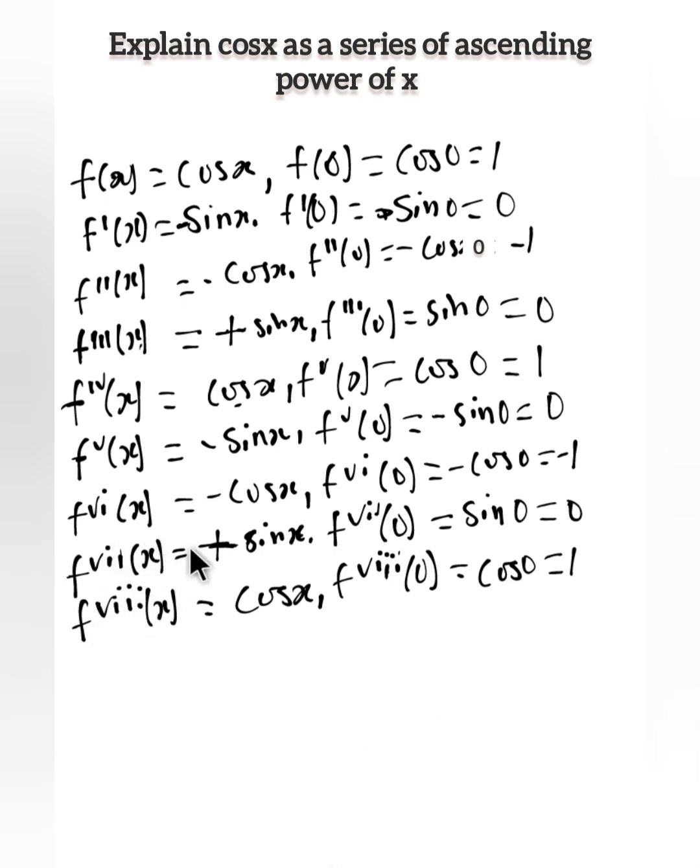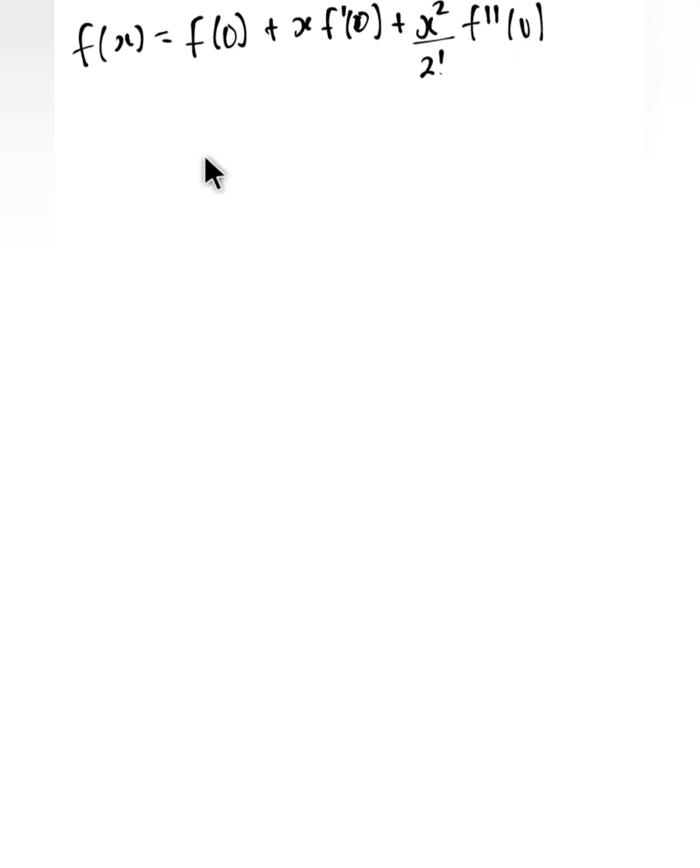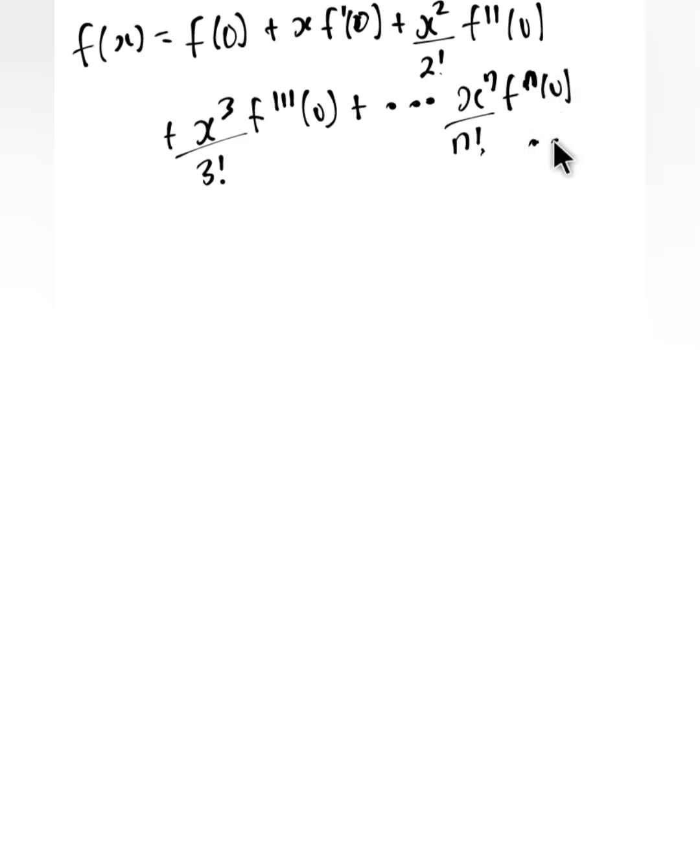So let's substitute this expression into the Maclaurin series. We have that in Maclaurin series, f of x is equal to f of 0 plus x f prime of 0 plus x squared over 2 factorial f double prime of 0 plus x cubed over 3 factorial f triple prime of 0 plus, keep on going to x^n over n factorial f nth derivative of 0, and the list keeps on going.